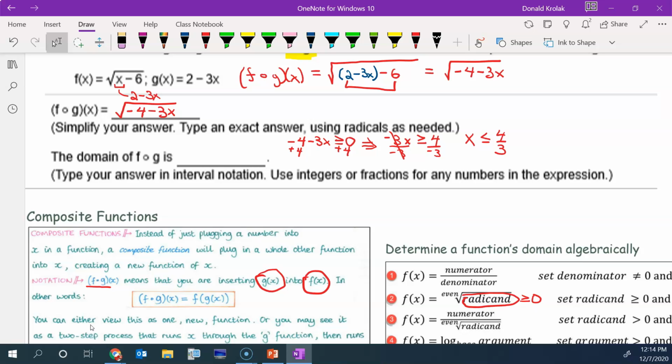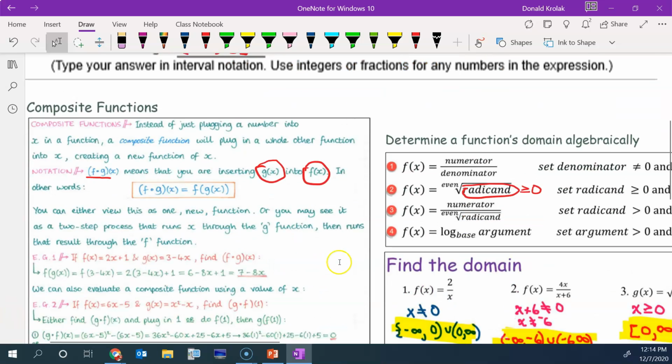So any value that is less than 4/3 works. That means from -infinity up to 4/3, including 4/3 because of that equal sign, and that would serve as your domain.